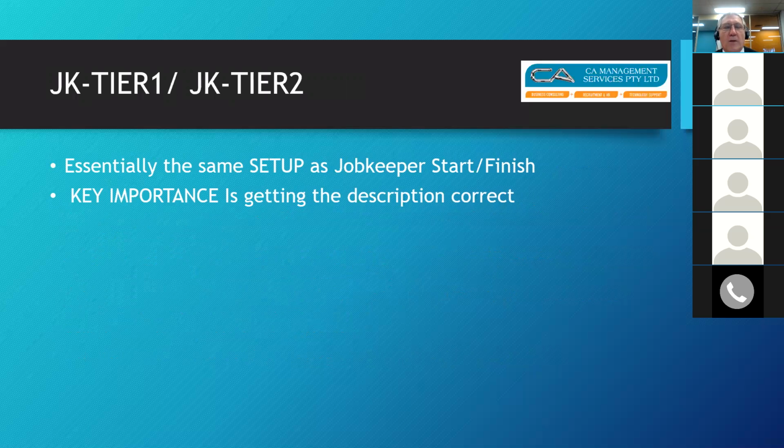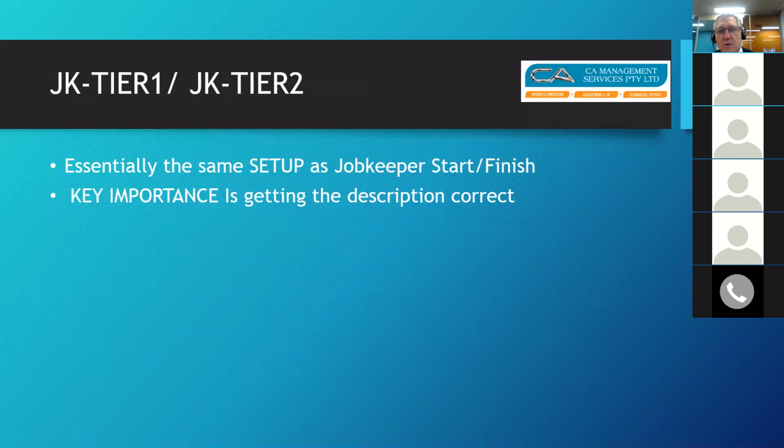All right, it's the same thing we've got here with our setup. Where I get excited is, when we're setting up these JobKeeper tier 1s and tier 2s, it is really essential that we get the descriptions right, because this is what the tax office is going to take off our STP uploads to know how much to pay us.